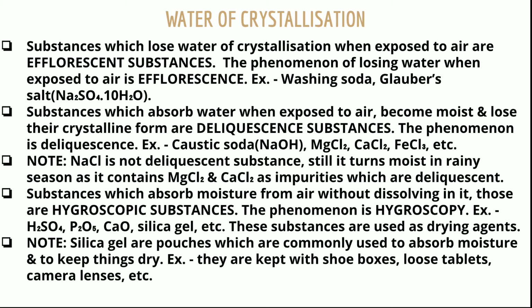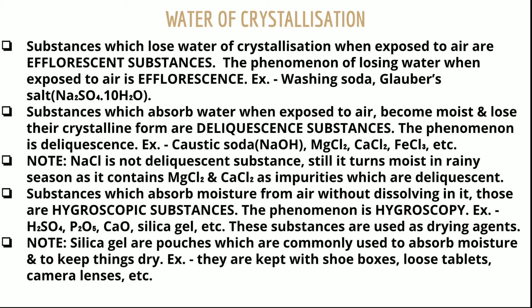Now, the substances which absorb water when exposed to air are deliquescent substances, and the phenomenon is known as deliquescence. Examples are caustic soda, sodium hydroxide, magnesium chloride, calcium chloride, ferric chloride. They absorb water from the air, and they become moist.